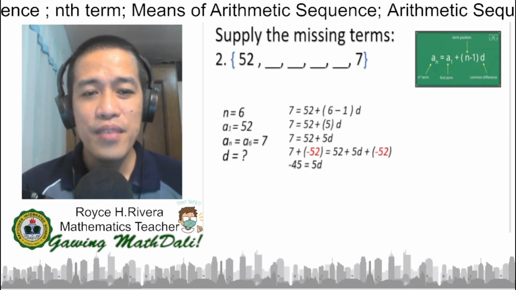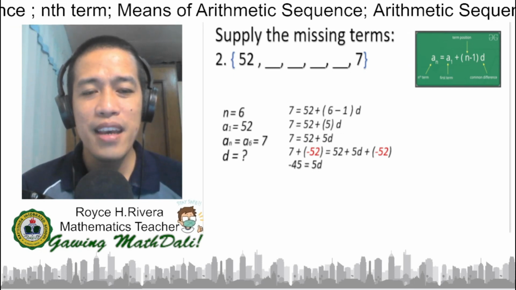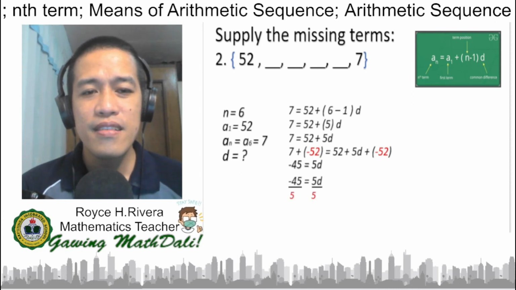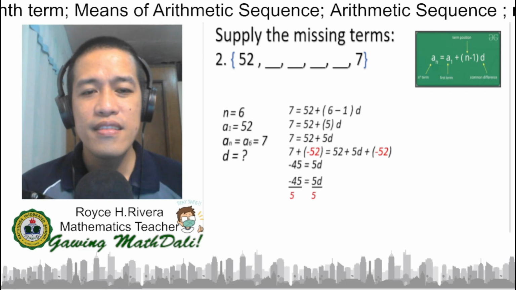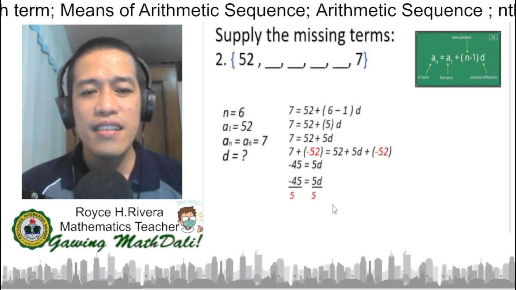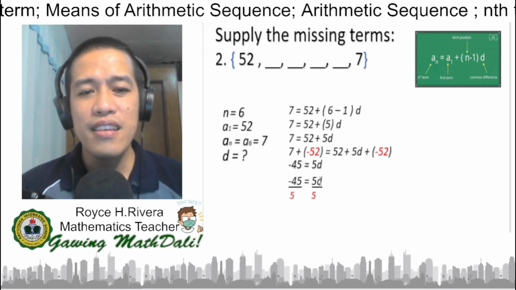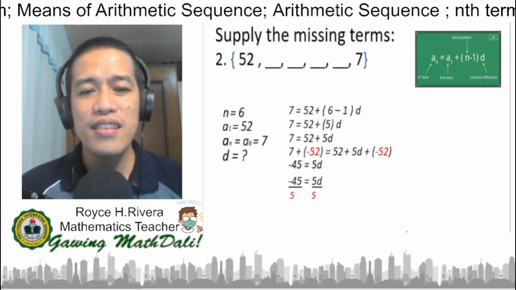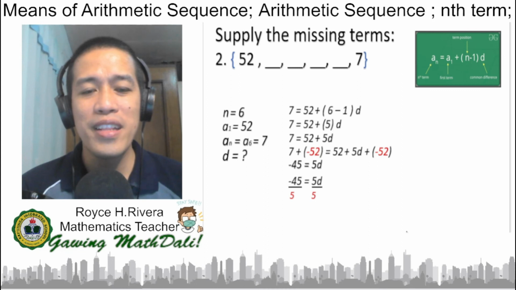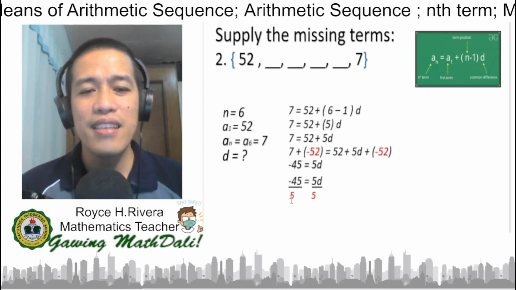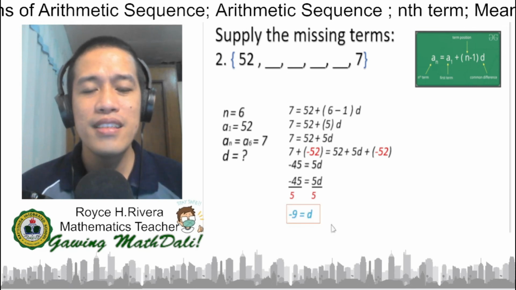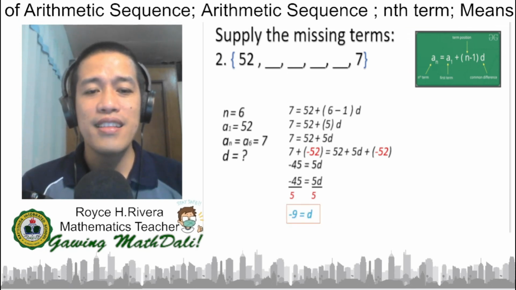Now, we divide both sides by 5. Yan. 5D divided by 5 is 1D, or D. Negative 45 divided by 5 is negative 9.